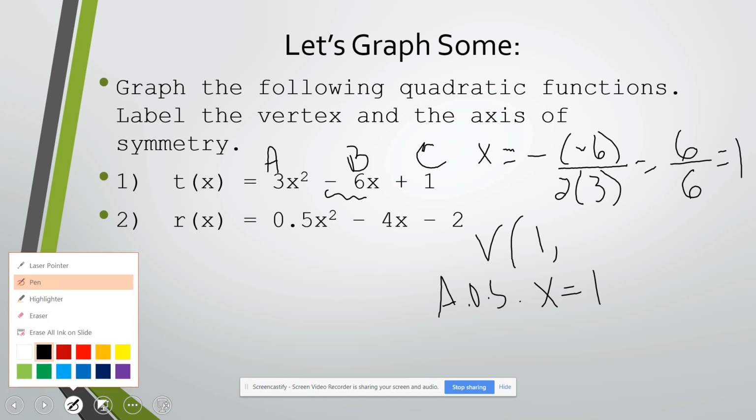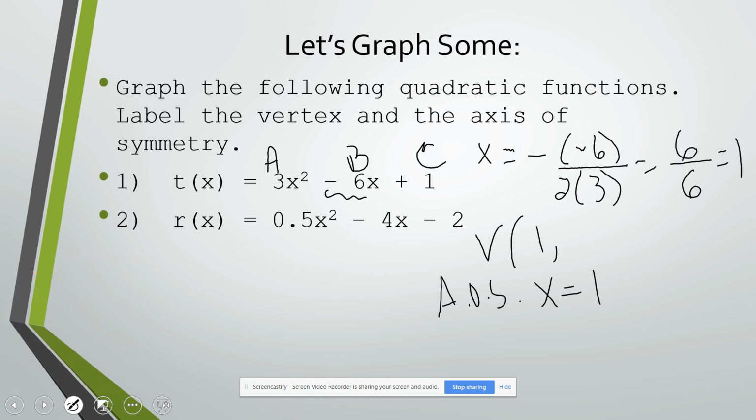Now to find that y value, I'm going to take my 1 that I found for x, and I'm going to plug it in for this x and this x in that equation. So we have 3 times 1 squared minus 6 times 1 plus 1. Make sure you're following your order of operations. We do the 1 squared first, which is 1.